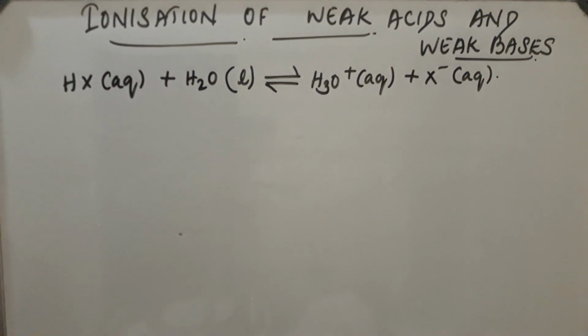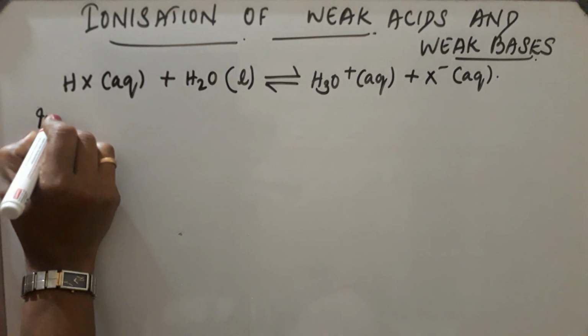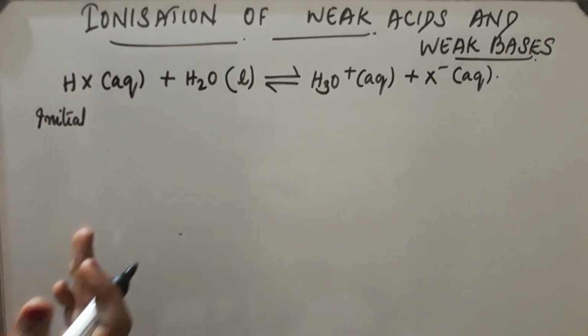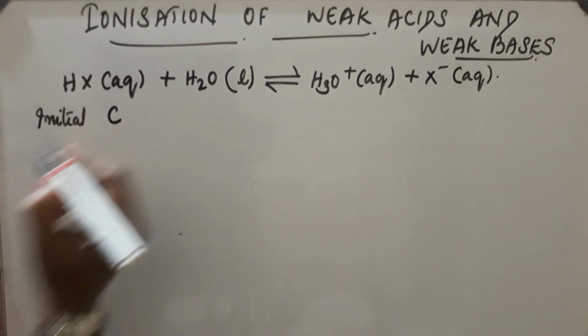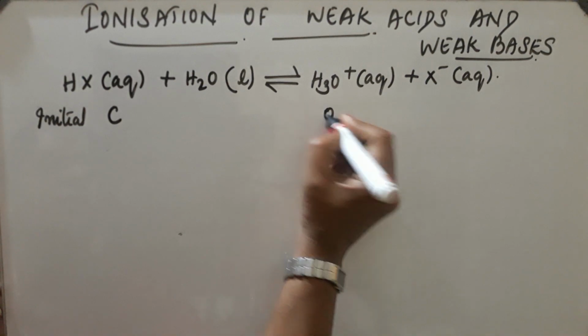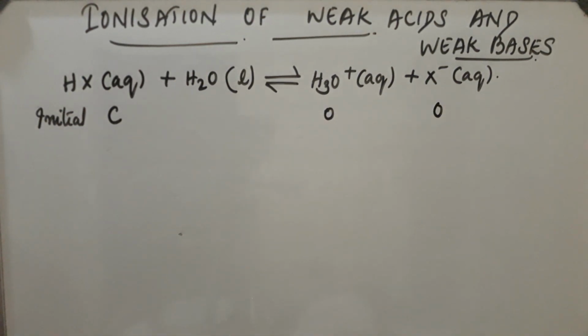Now, first the initial concentration. Initially only reactants will be there. So, let C be the concentration of this acid, and at that time there will be no products, so 0. Now, next change in concentration.